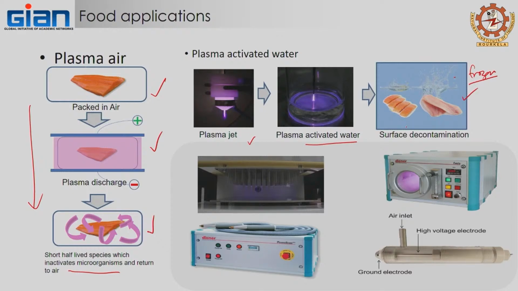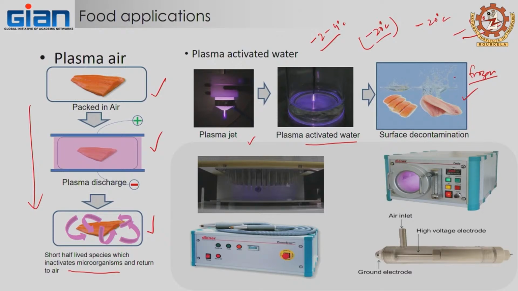microorganisms. If you remember when I was talking about freezing, we talked about -2 to -4 degrees Celsius, and -20 degrees Celsius. So there is one concept of freezing the fish. You do not have to keep the product at -20 degrees Celsius or -80 degrees Celsius to improve the shelf life. The simple operation is you dip the fish in water and freeze it only at -2 degrees Celsius.